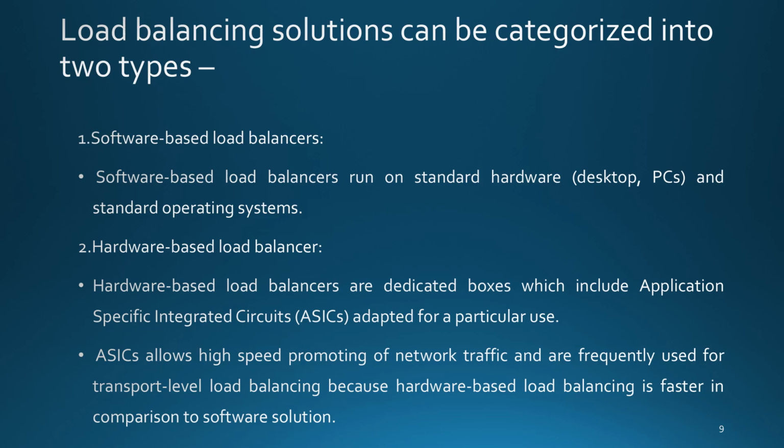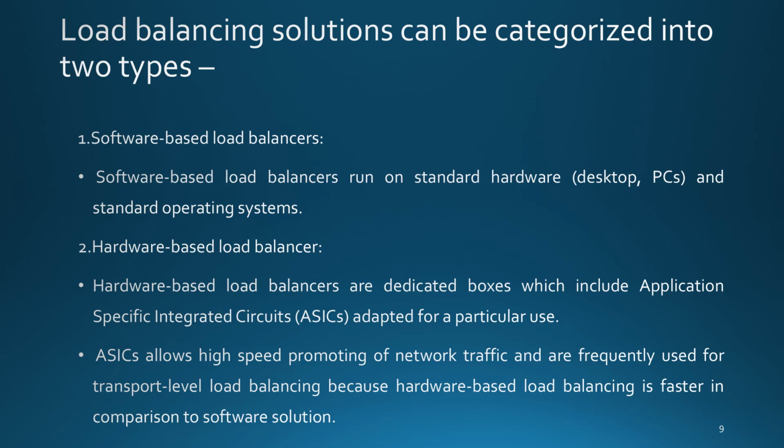Software-based load balancers run on standard hardware, like desktops or PCs, and standard operating systems. The hardware-based load balancers are dedicated boxes which include application-specific integrated circuits adapted for a particular use. They allow high-speed forwarding of network traffic and are frequently used for transport level load balancing because hardware-based load balancing is faster in comparison to software solutions.